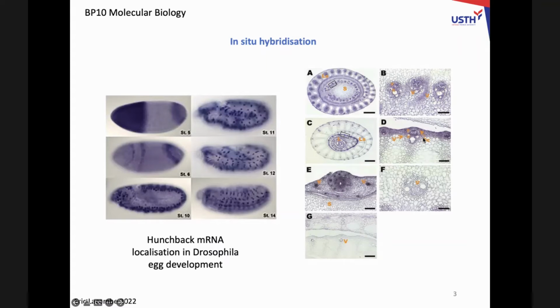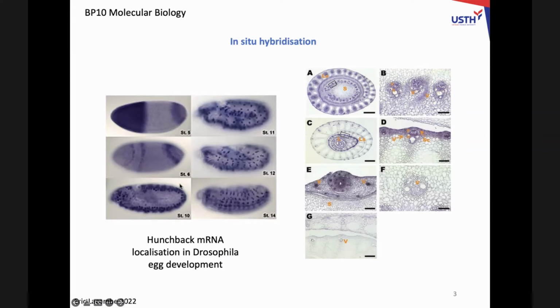You see here a magnification of this. For example, this small square here is the magnification, and you can see that there are some cells, the ones that are more purple, that are specifically expressing this gene and not the others.